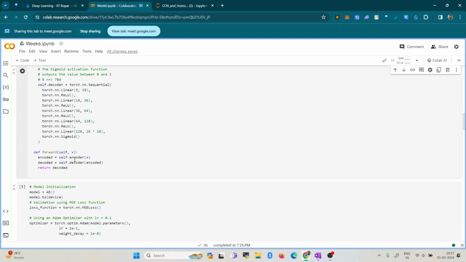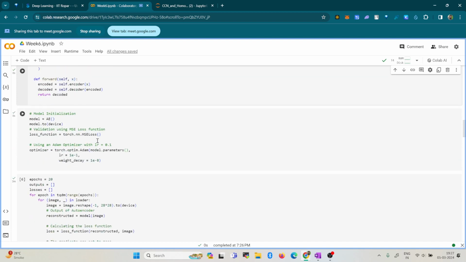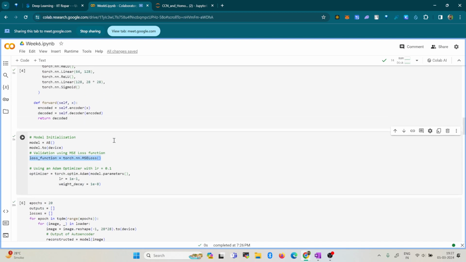Another question is, how can you include regularization in this? I would give you the answer: you would modify this loss function to get regularization. Another thing that I hinted at is that there is this torch.nn.Sigmoid, right? And I have used mean square error loss, whereas when we discussed, I said that we can also use cross entropy loss.